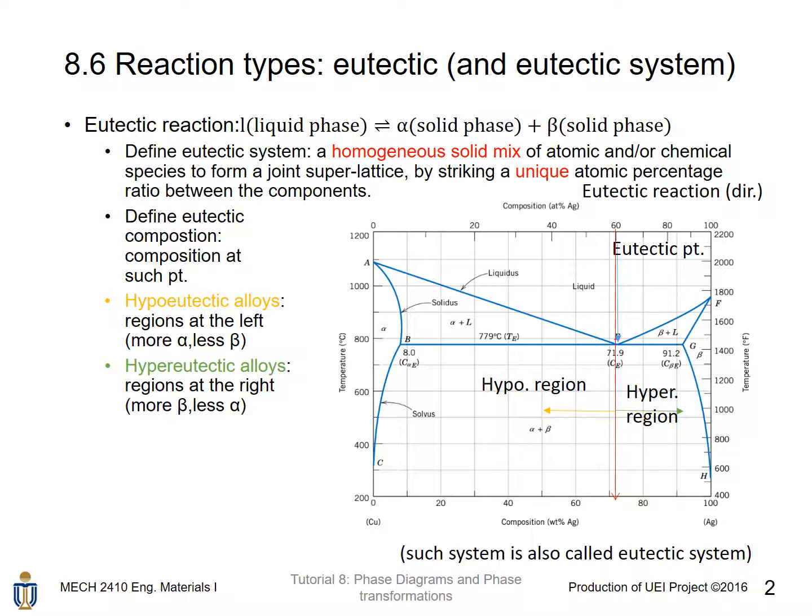And how can we identify the eutectic reaction in a phase diagram? We use the phase diagram example. Here, the first thing we notice is the red line here. When we go down here, you can see that 100% liquid will suddenly change to two distinct solid phases, which is marked by alpha plus beta in this region.